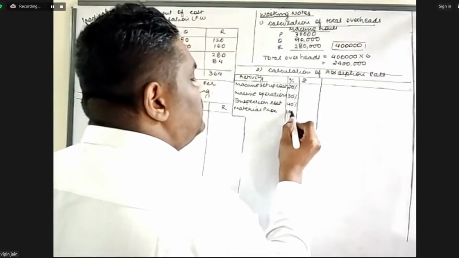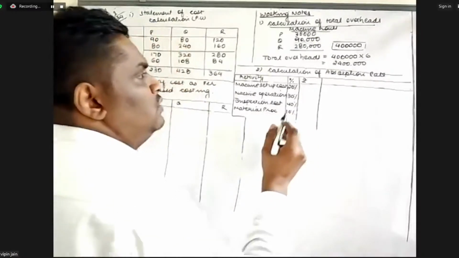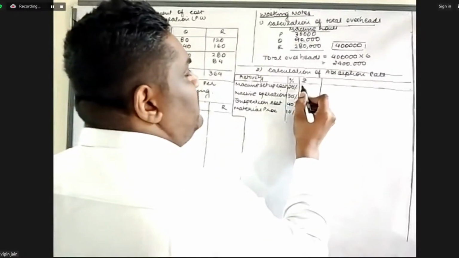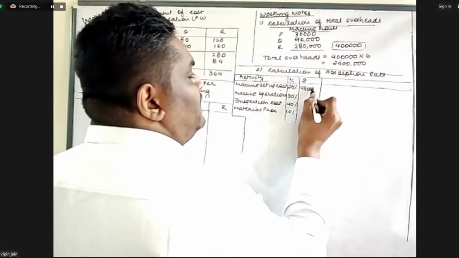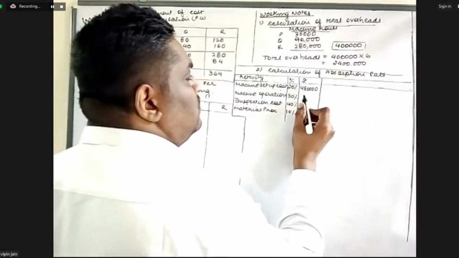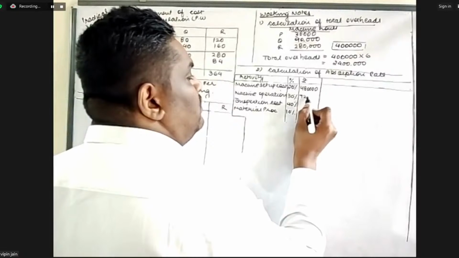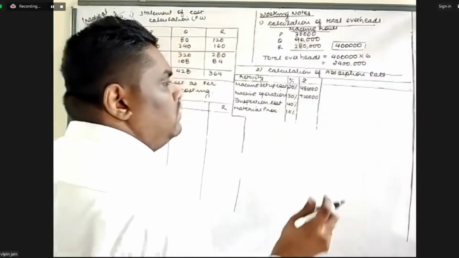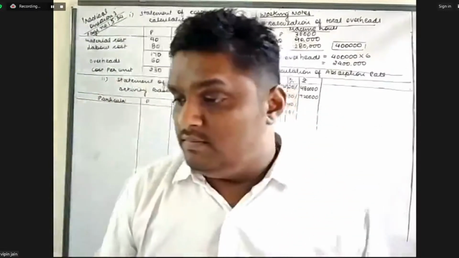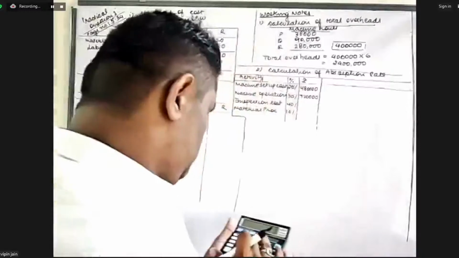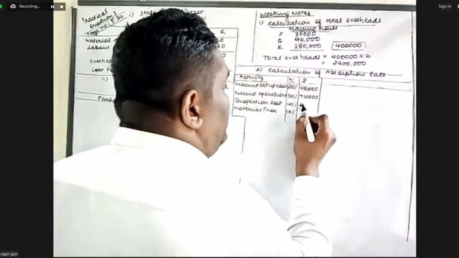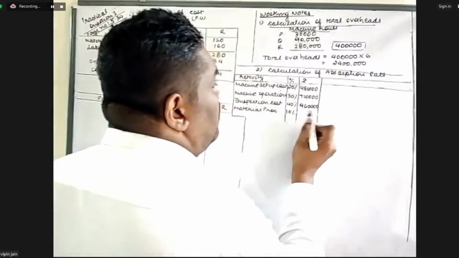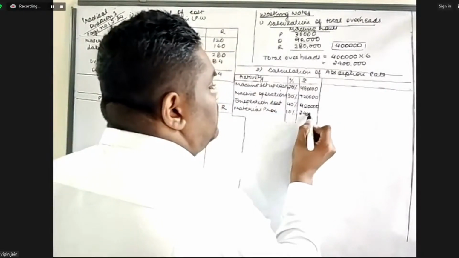And 10% is procurement cost. So this will be 4,80,000, 7,20,000, 9,60,000, and 2,40,000.